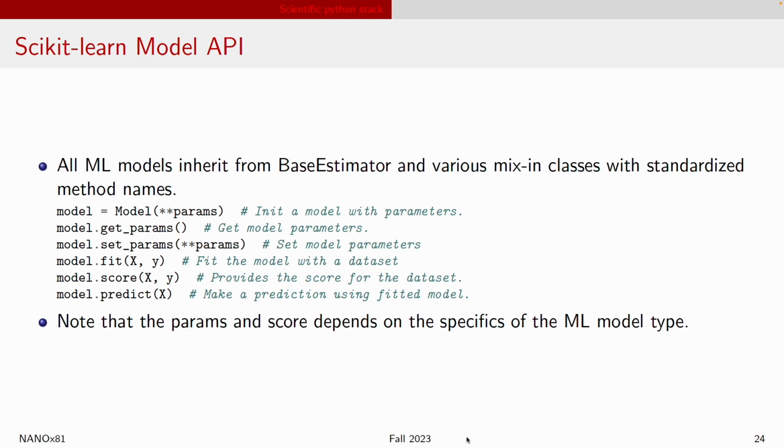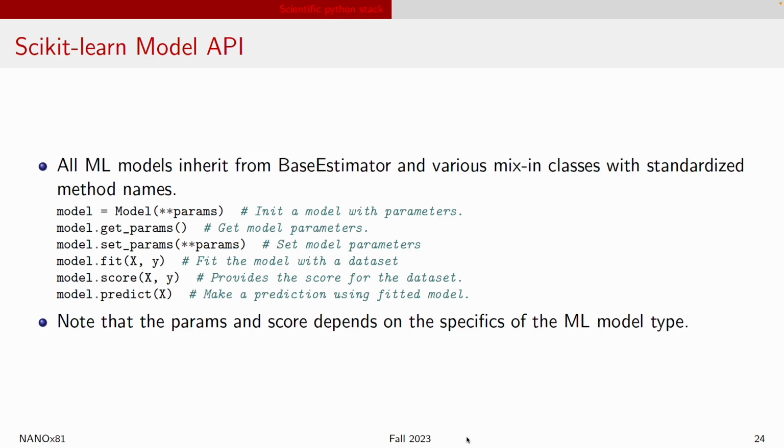Typically, the way you use a scikit-learn model is that you initialize it with a model name, and then you give it some parameters. For example, if you are doing a simple linear regression, you may define the regularization parameters. If you are doing a neural network, you may define the number of hidden layers and how many neurons there are in the hidden layer, and so on and so forth, right?